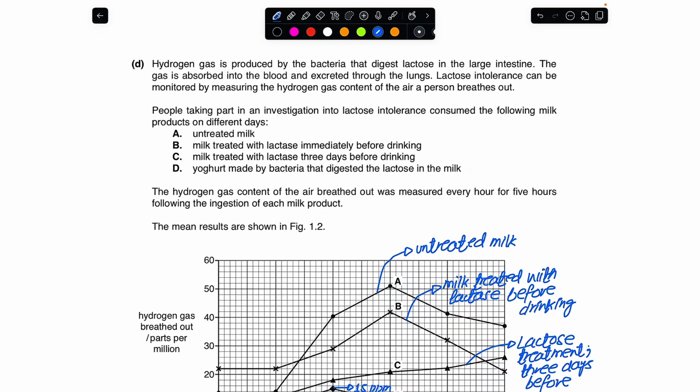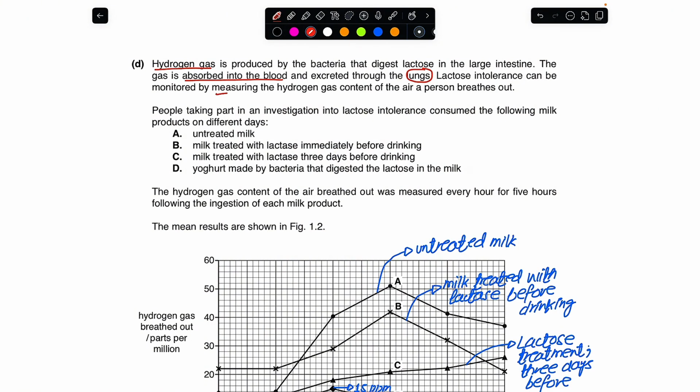In the small intestine, the lactose was not digested, and when it came into the large intestine, the hydrogen gas was produced. This hydrogen gas would get absorbed into your blood and then be excreted through the lungs. So lactose intolerant people would be exhaling a lot of hydrogen gas.